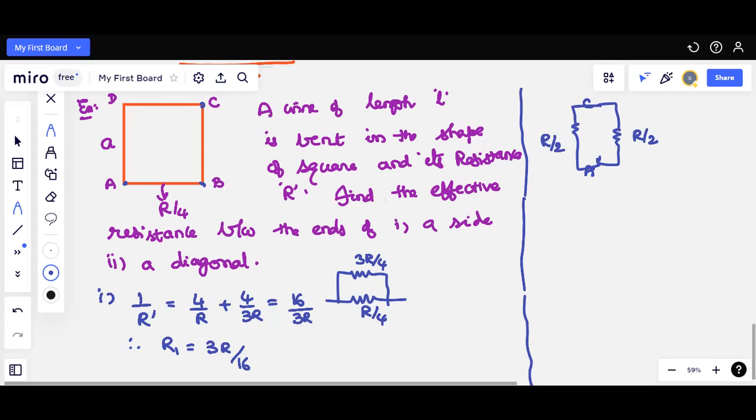They are in parallel. Since they are identical, R parallel equals R by n. Applying the formula, R by 2 by 2, that is R by 4. If you observe carefully, the effective resistance across the diagonal is equal to the resistance of a side. Did you observe?